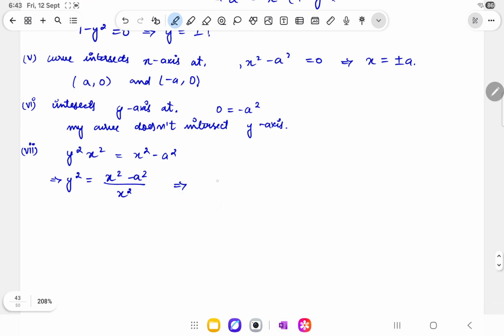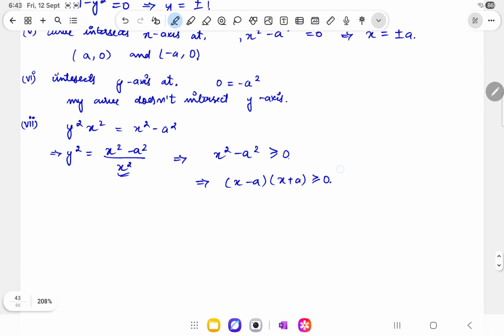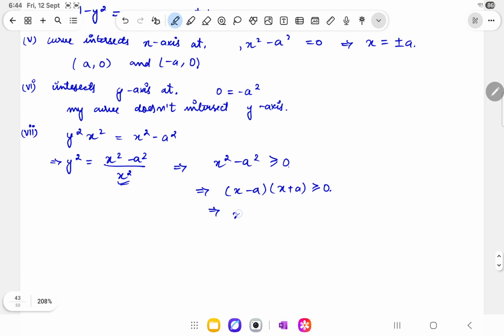So x square minus a square should be greater than or equal to 0, because x square is already positive. So (x minus a)(x plus a) is greater than or equal to 0. This basically gives me that x lies in minus infinity to minus a union a to infinity.